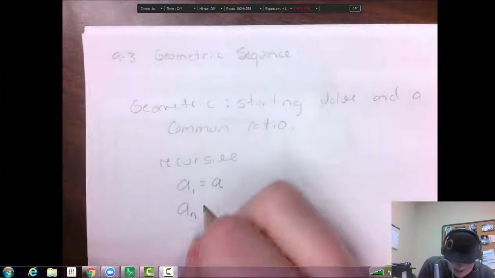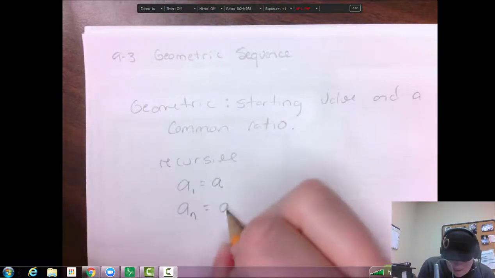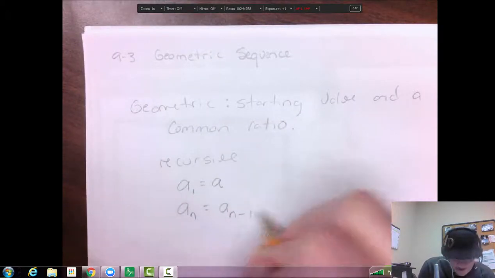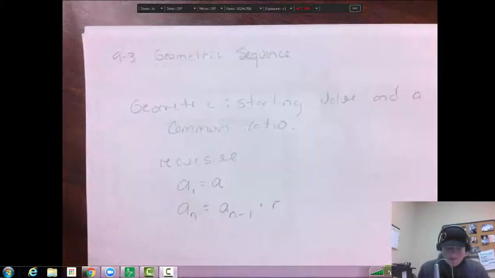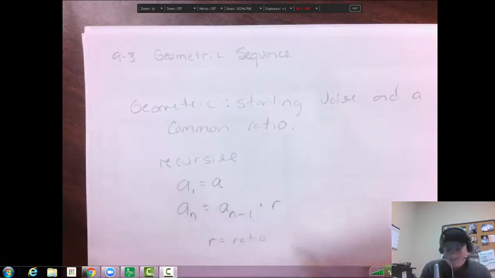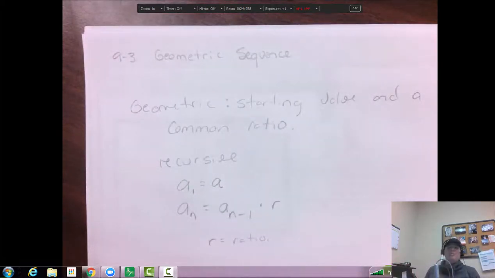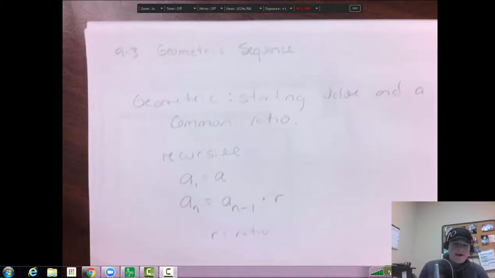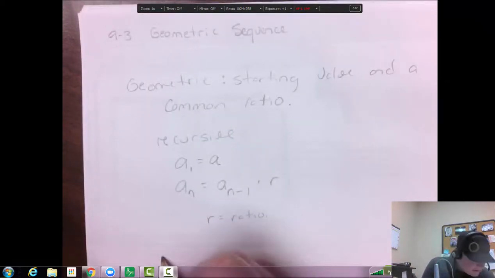A to the n is equal to the number before times my ratio. So R is going to be the ratio, and that's basically what you're timesing by each time that you move up. And it's got to be a constant. You've got to move up by the same number. We'll look at some examples in just a second.